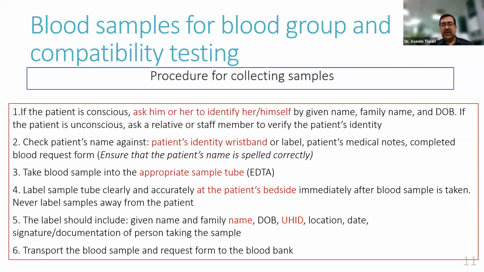An appropriate sample has to be sent. In our hospital, it is mostly an EDTA sample. It has to be clearly labeled at the bedside, and again 2 identifiers, normally name and hospital ID, have to be used to identify the patient before we collect the sample at the bedside.